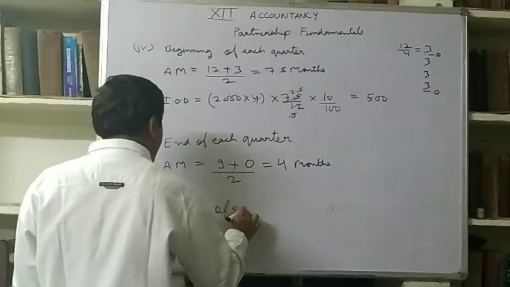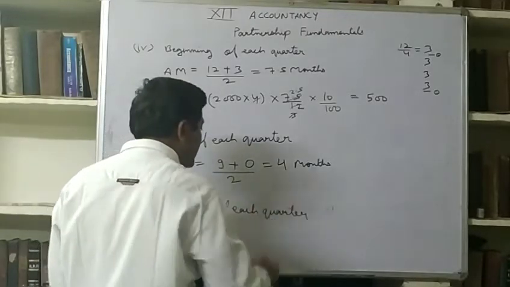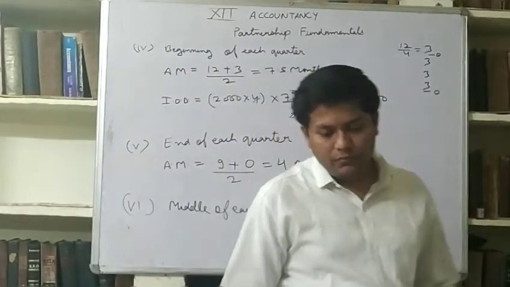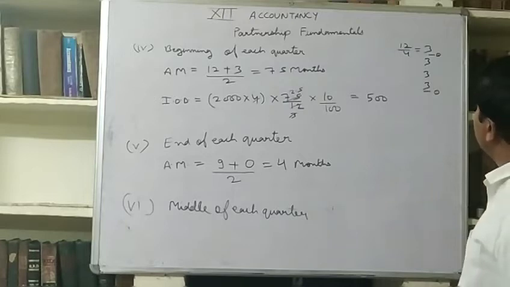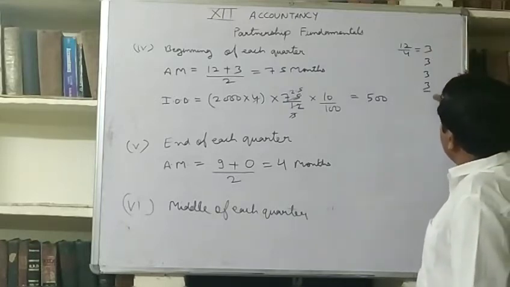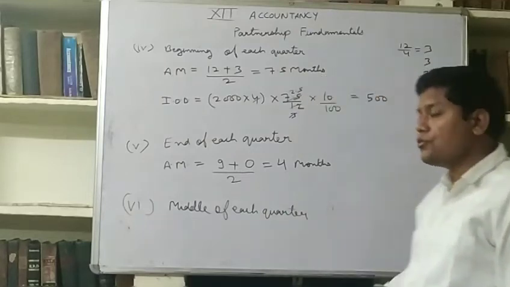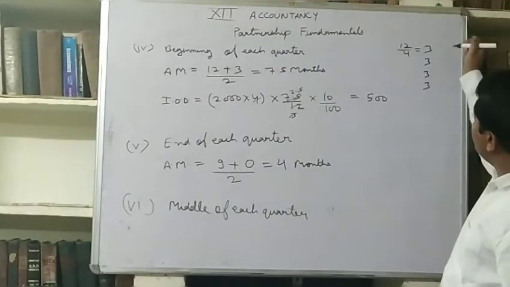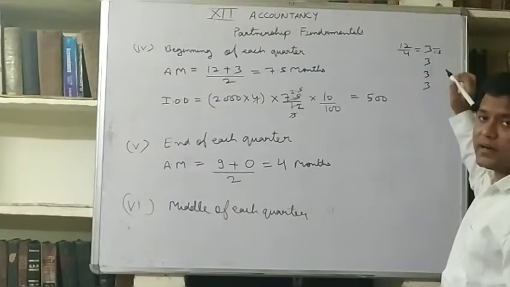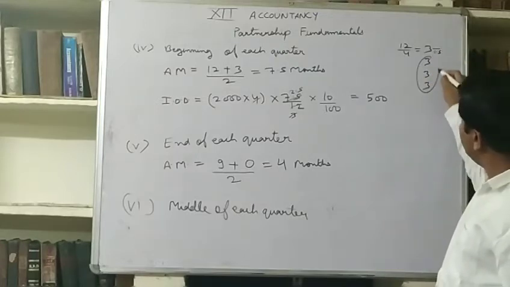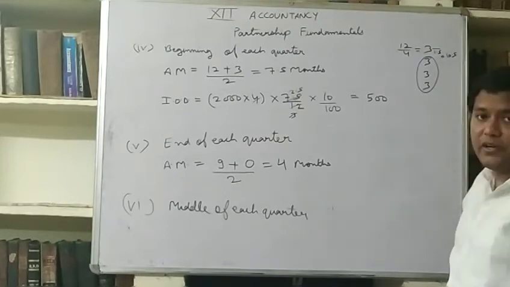middle of each quarter. So if he is withdrawing in the middle of each quarter, then the first drawings will be made at the middle of the first quarter, which is of 3 months. Then how much period will be remaining? 1.5 months in this quarter and 9 months here. So total will be 10.5.